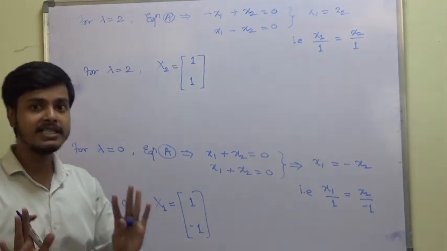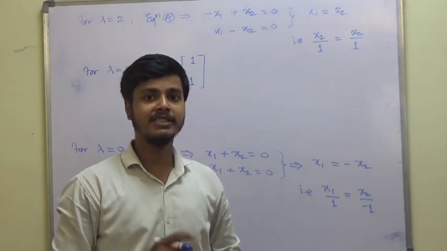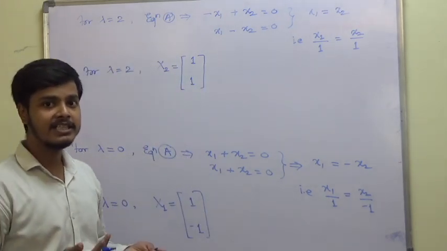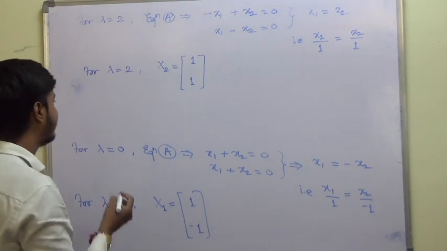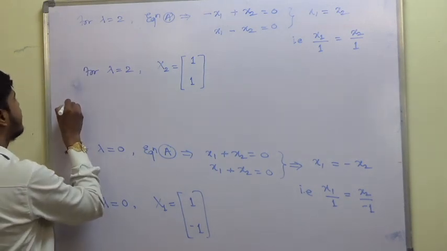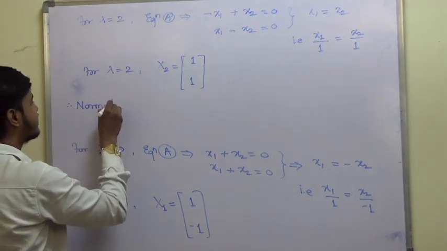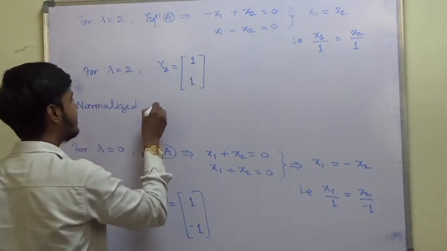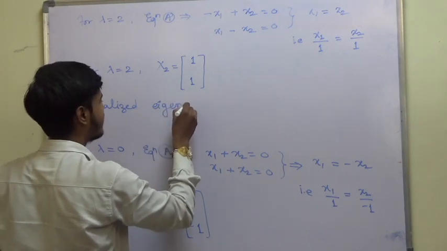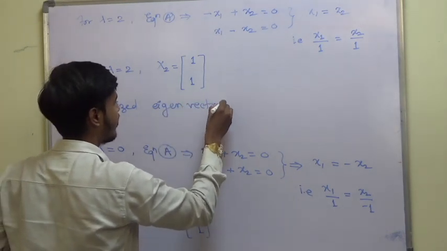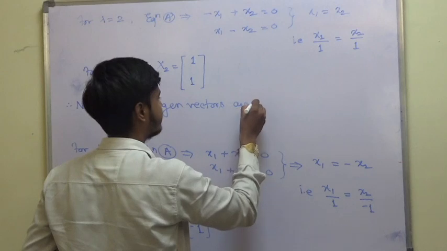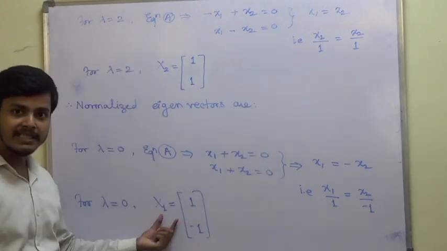Now this completes step number 2. Now step number 3 says, write down the normalized eigenvector. So let me write, therefore normalized eigenvectors are, so how can you normalize this vector?